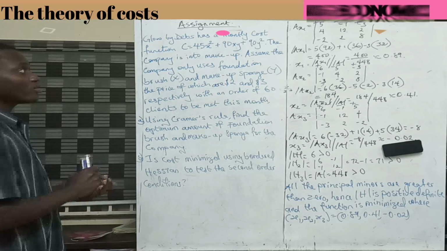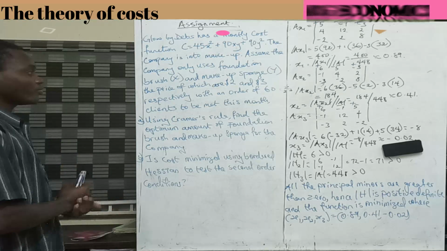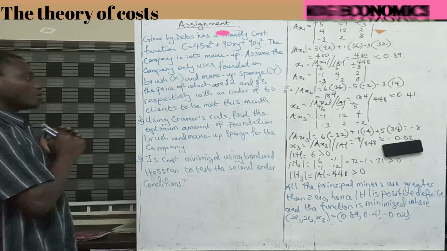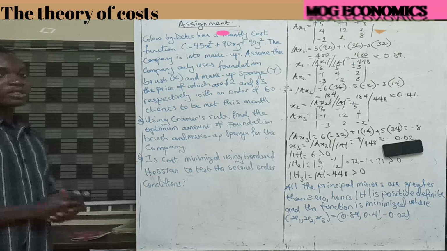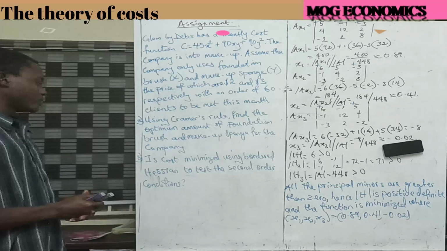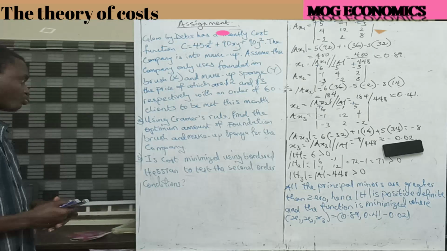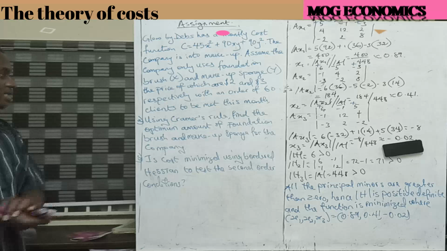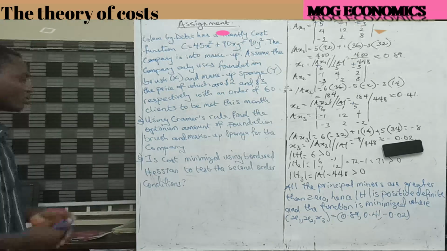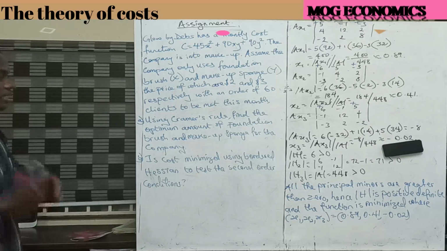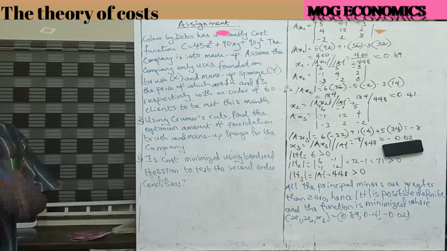Remember that our cost function is a monthly cost function. So A, using Cramer's rule, find the optimum amount of foundation brush and makeup sponge for the company. That's for the month, right? Then B, is cost minimized? Use the bordered Hessian to test the second order condition.